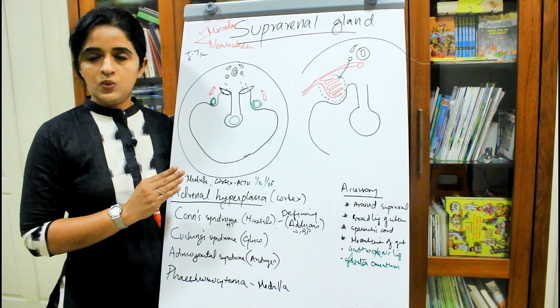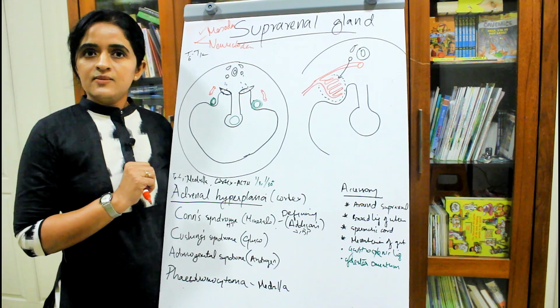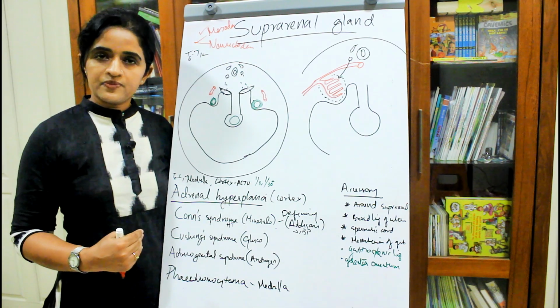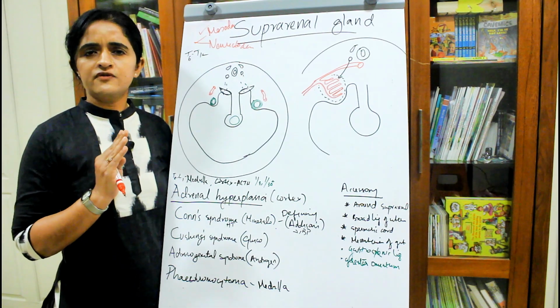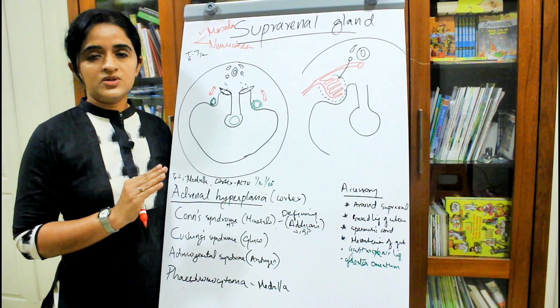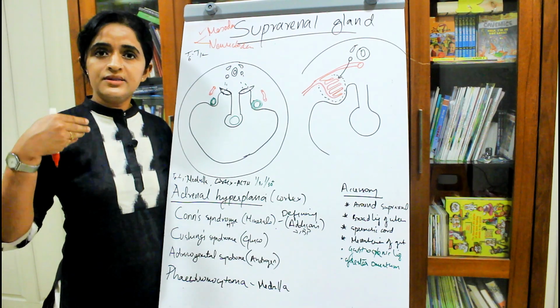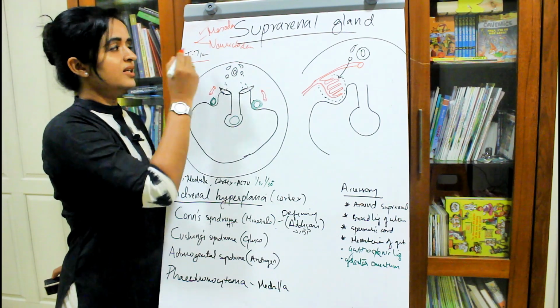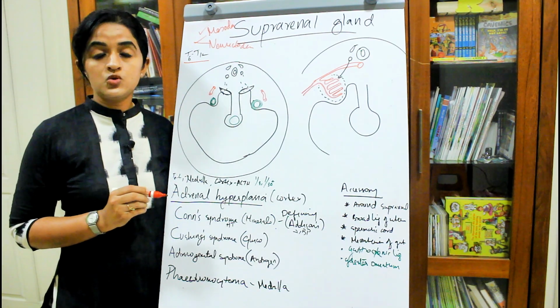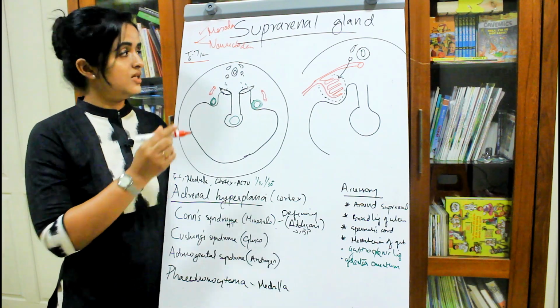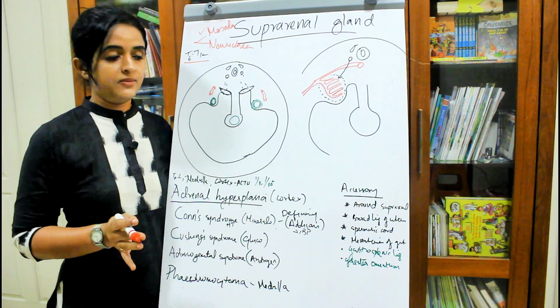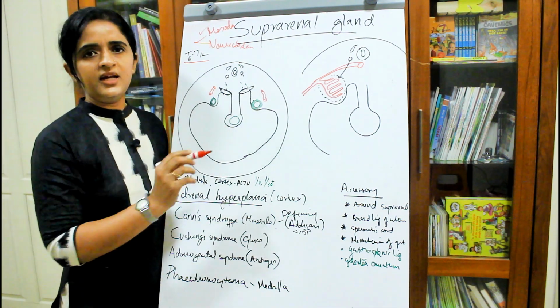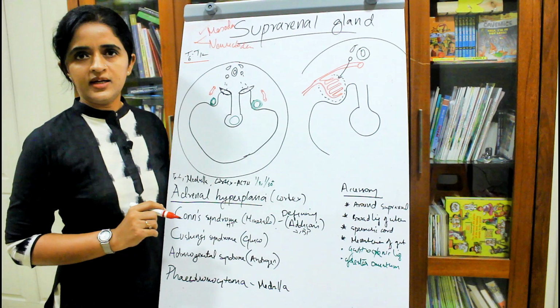Now we will see one by one. You have to imagine a fetal body. Roughly by the end of second month of intrauterine period, if you take a section of the fetal body anywhere between the level of T6 to T12 spinal segments, this is how the fetal body will look.